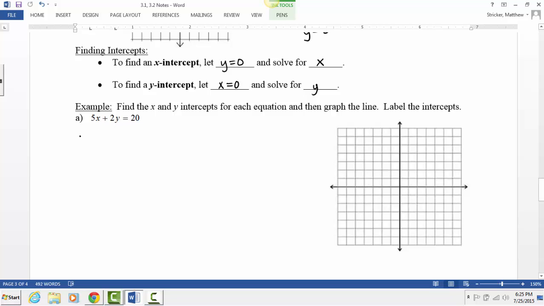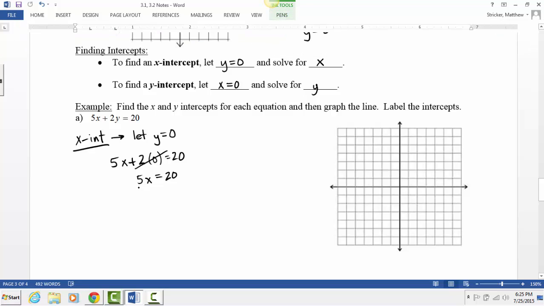Let's find first the x-intercept. If I want to find the x-intercept, remember we let y equal 0. If I do that, I get 5x plus 2 times y, but y is 0, equals 20. That goes away, which basically just gives us 5x equals 20.